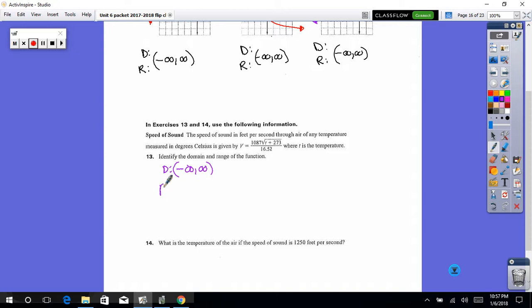For the range, we are looking for speed. One thing you cannot have is a negative speed. So our range is going to be anywhere from 0 to infinity. You can move in a negative direction, but we would never have a speed of a negative number.